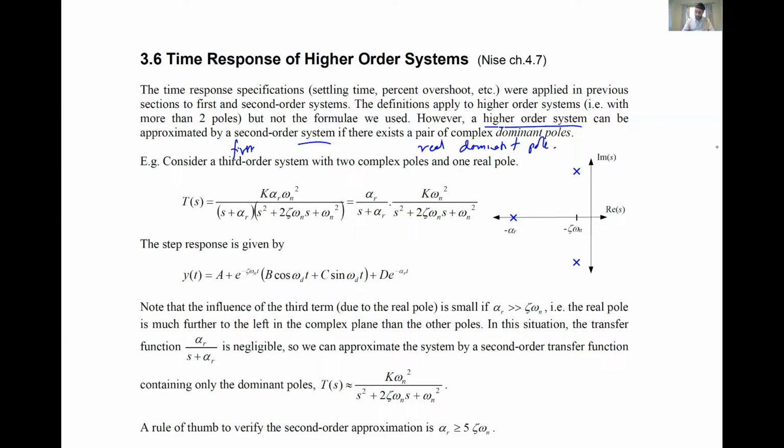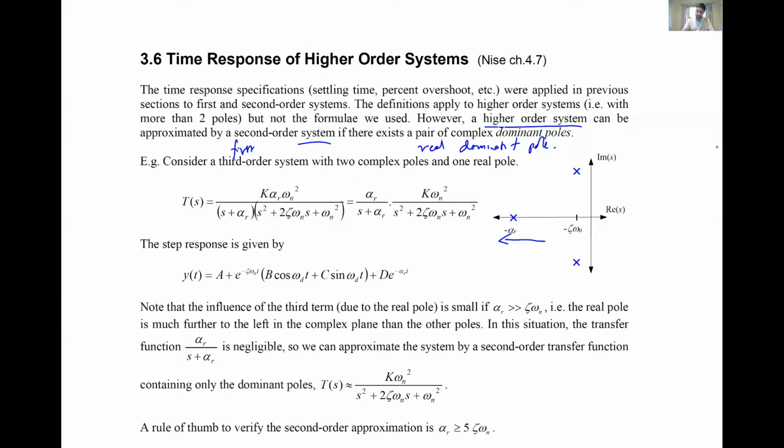I described earlier that if we look at the pole zero map, so if we plot all the poles, if a pole has a real part which has a larger magnitude, so if a pole goes more towards the left half plane of the complex plane or goes further away from the imaginary axis, the response corresponding to it is going to be faster.